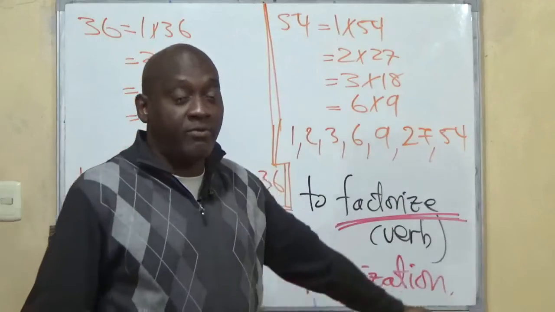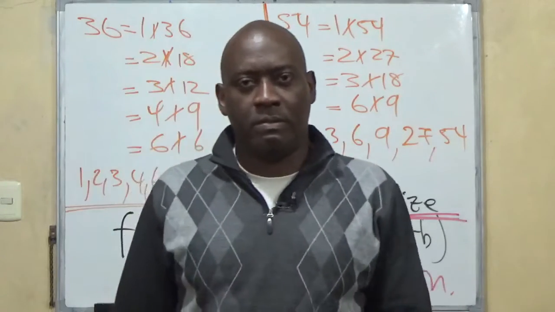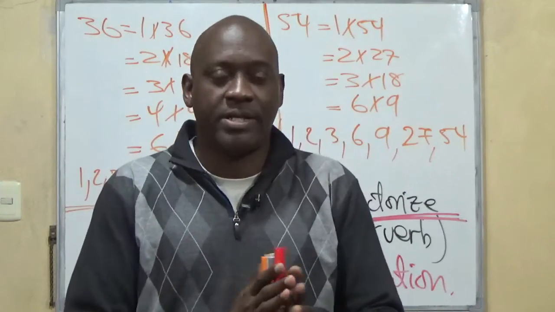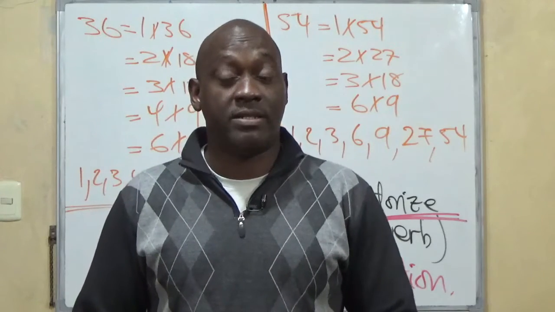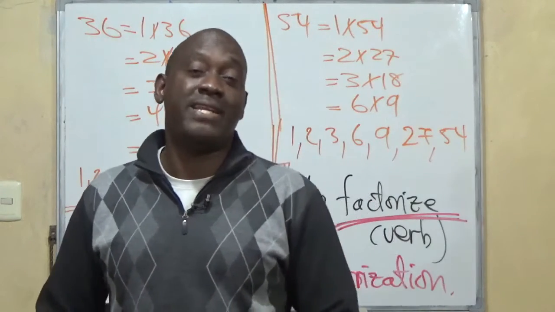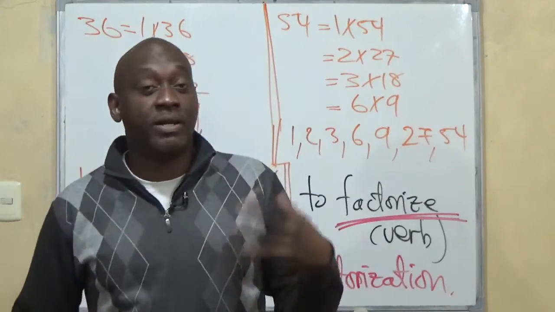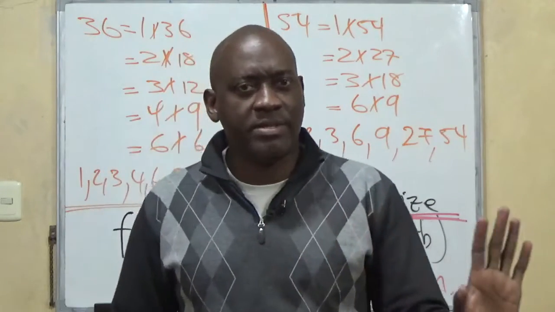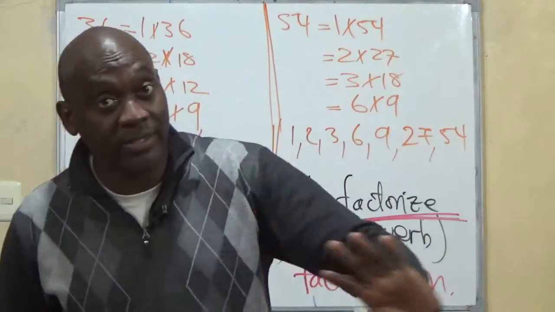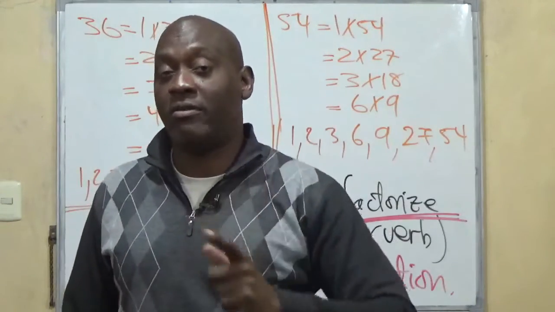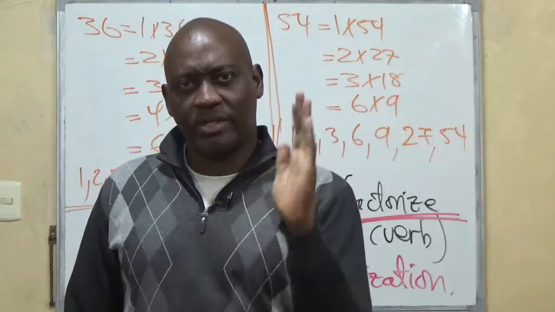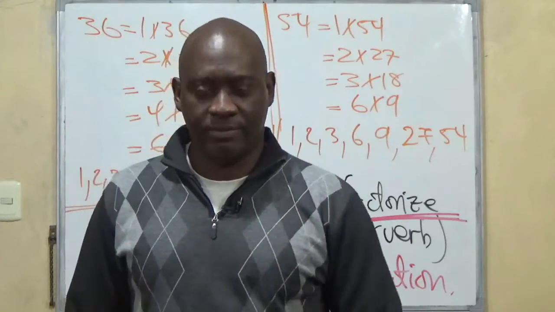So my official definition of factorization is the decomposition of any number or any entity or term into its factors. It's not always numbers that we're breaking down; we're breaking down other things too, as some of you may already be aware. If you're not aware of it yet, you'll find out soon enough.